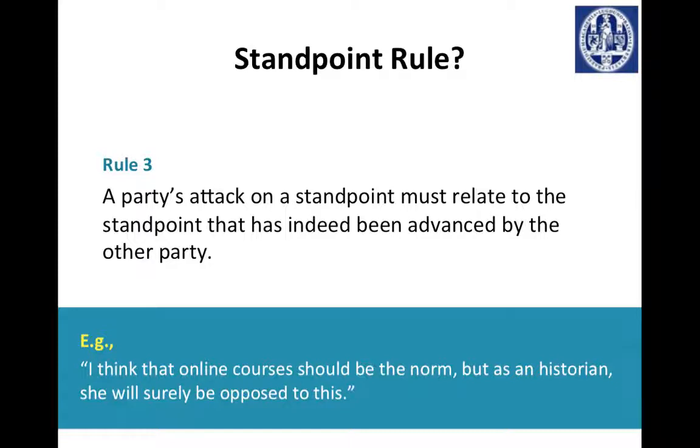This person is creating an antagonist who is presumably a historian and who presumably opposes online courses as the norm because she is a historian. Now, this person might not exist, or this person might hold different opinions, and in those cases, it's not really fair to represent this person's standpoint in this way. So this is quite problematic.